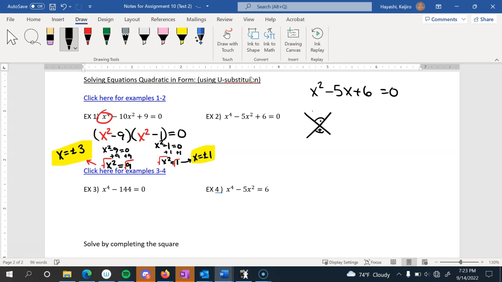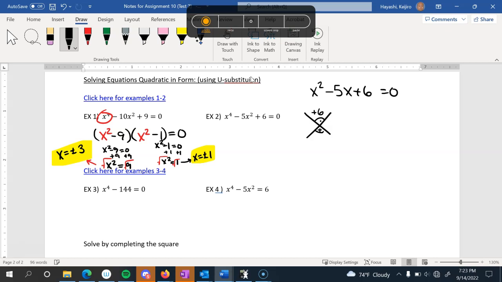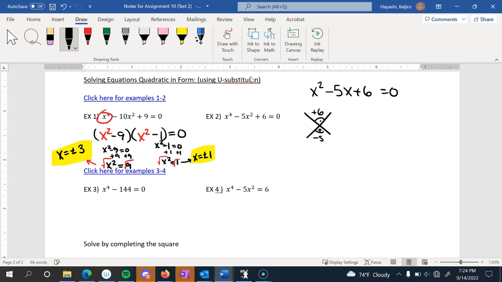What are two numbers that multiply to positive 6? Let's see. It's got to be -2 and -3, because positive 6 and -1 will multiply to -6.